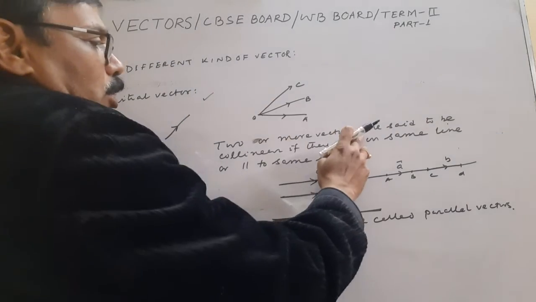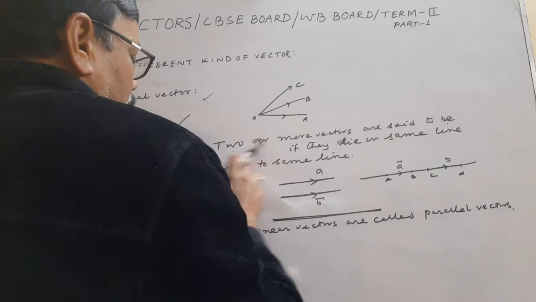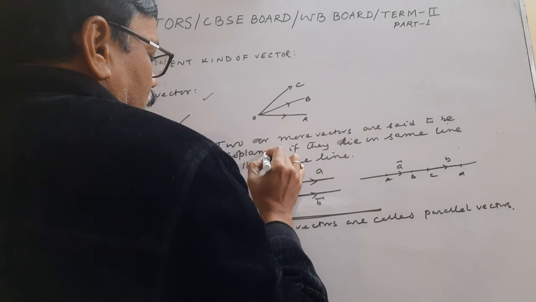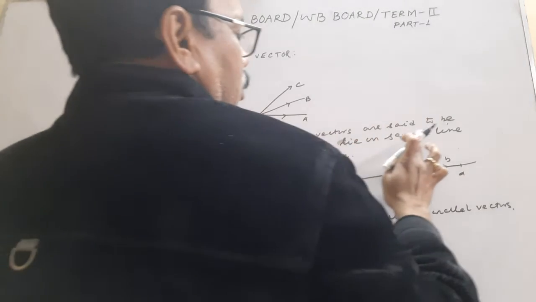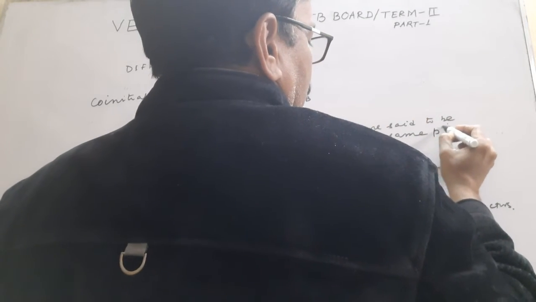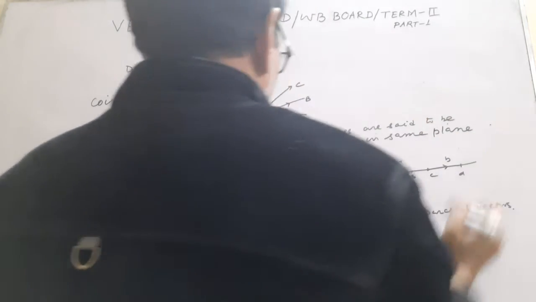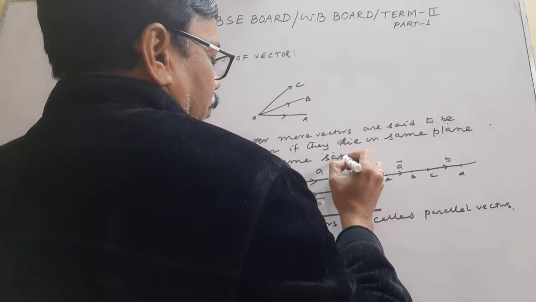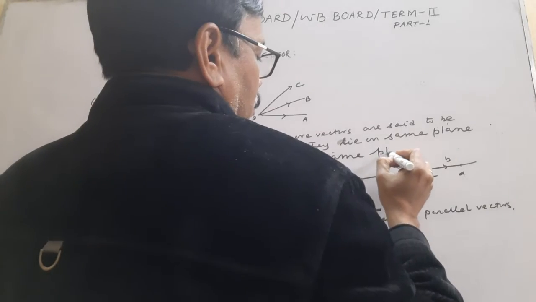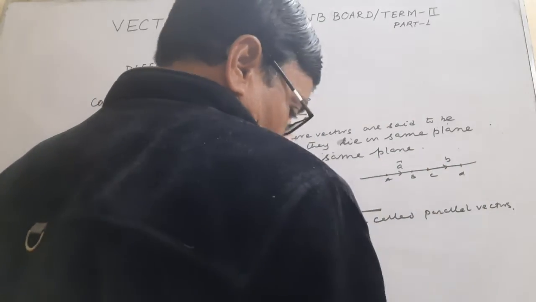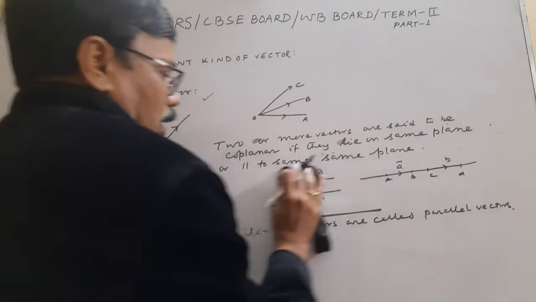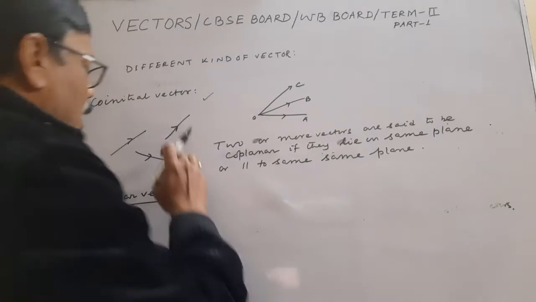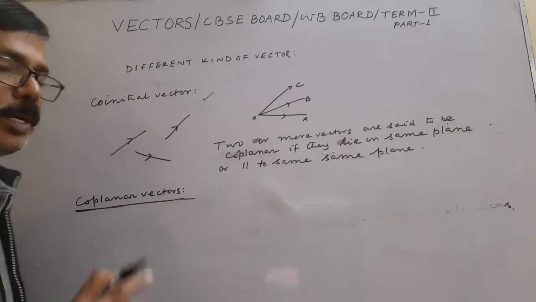Two or more vectors are said to be coplanar if they lie on the same plane or parallel to the same plane. So all vectors lying in the plane are coplanar.